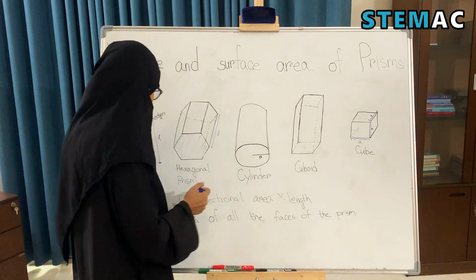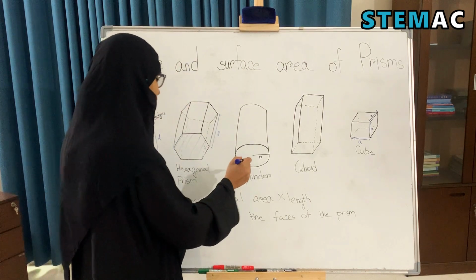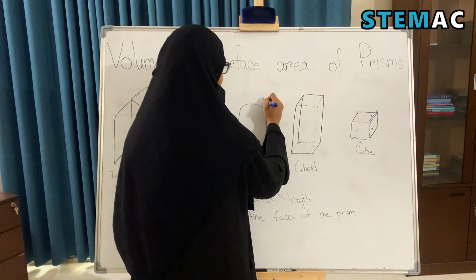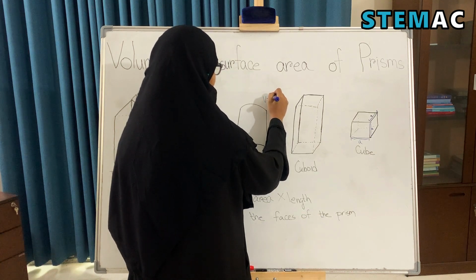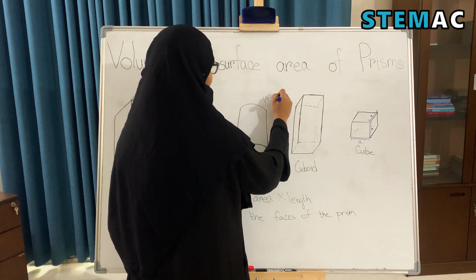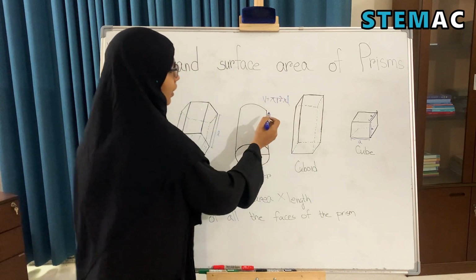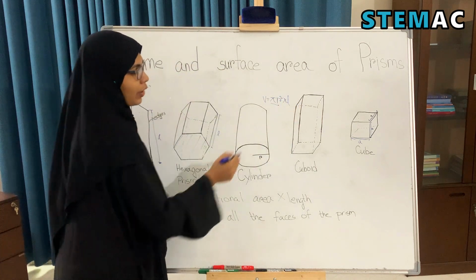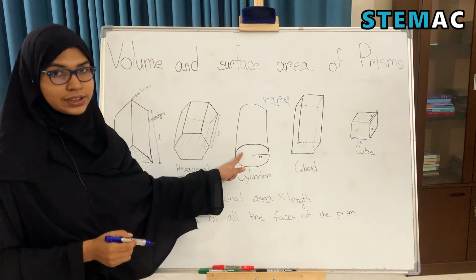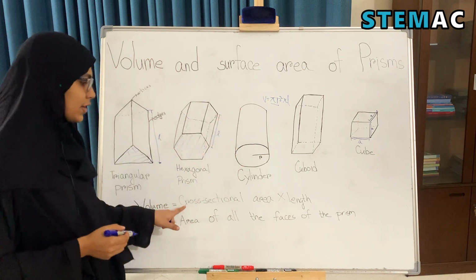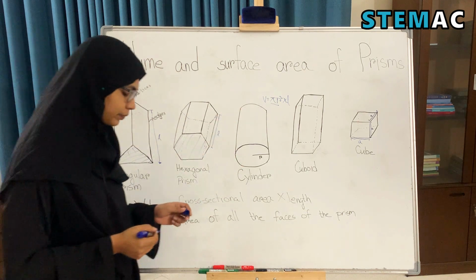That means the volume of the cylinder V equals pi r square into L. You see, pi r square is the area of the circle. Pi r square is the cross-sectional area.